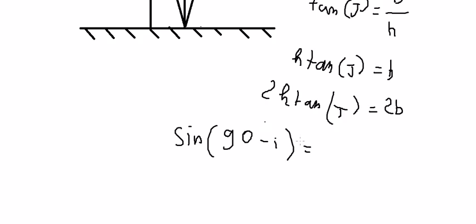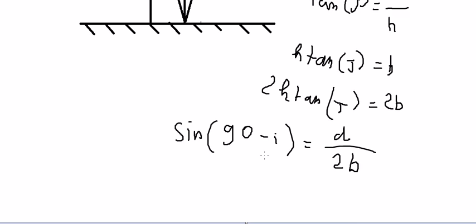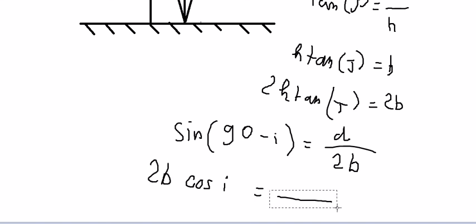So we have D divided by 2B. We know that sine of 90 minus I we can change to cosine I. So we have 2B, we move it here, so we can find D.